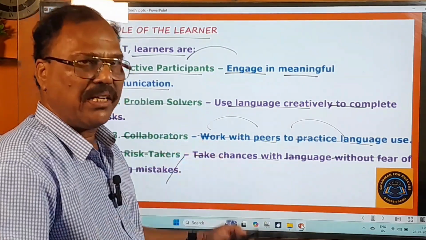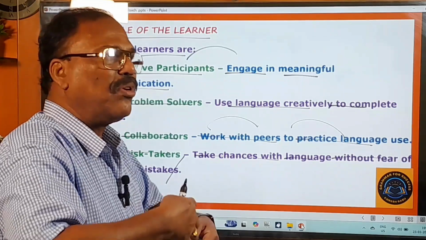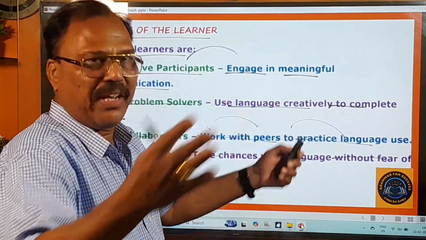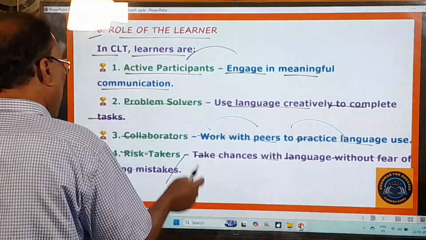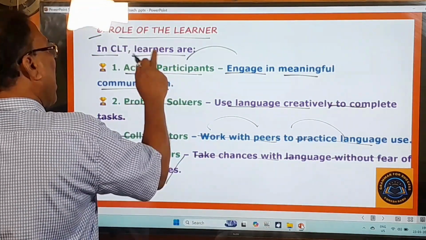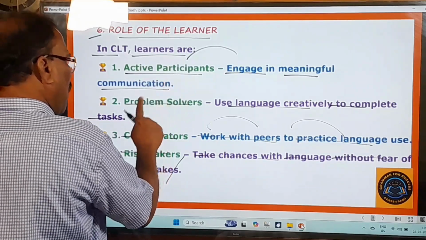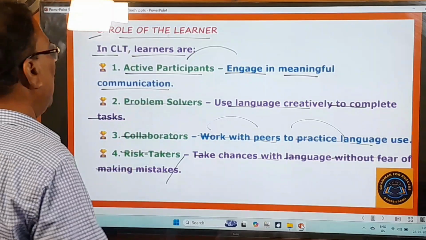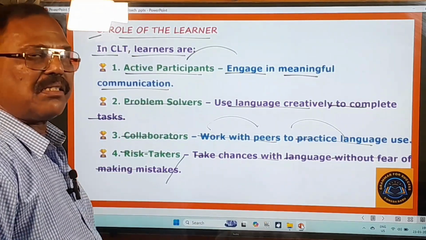They don't have any shyness, and they try to move on with the target language freely and fearlessly. So in that way, they act as risk takers. So in the CLT classroom, the learners act as active participants, problem solvers, collaborators, risk takers. This is all about the role of the learners in the CLT classroom.